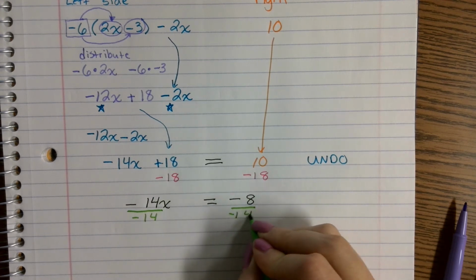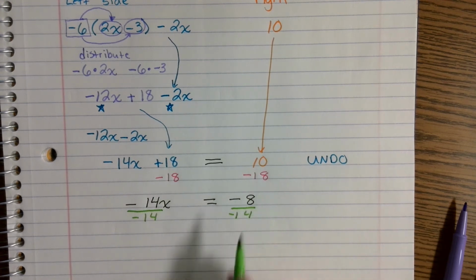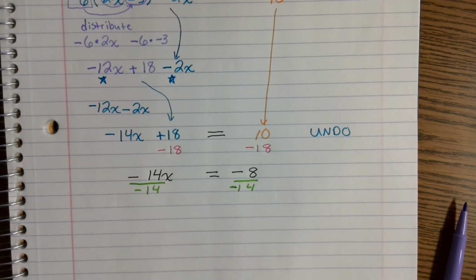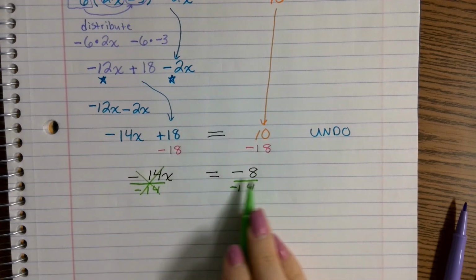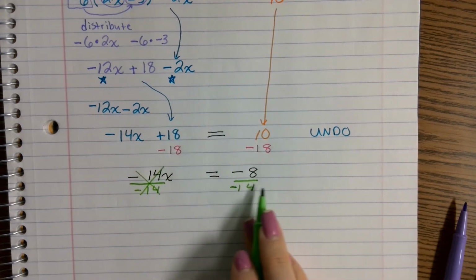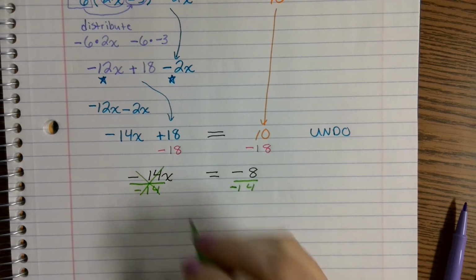Now here's the thing, guys. Is negative 8 divided by negative 14 going to come out to a whole number? No. So you could do a decimal, but doesn't that look like a fraction? Can't we just go ahead and simplify that fraction? So let's do that.